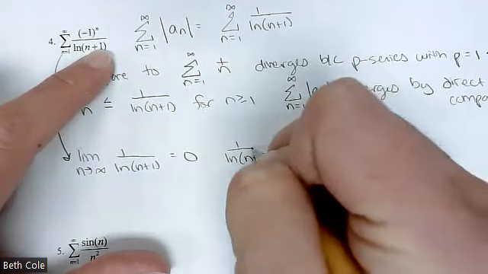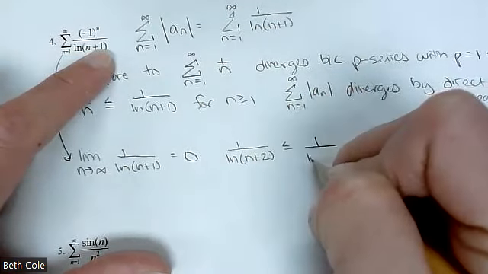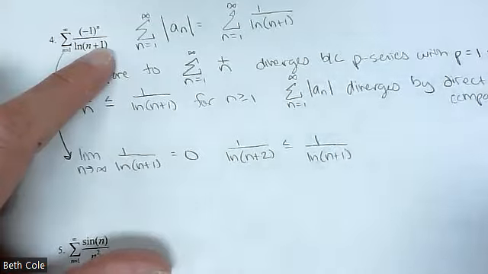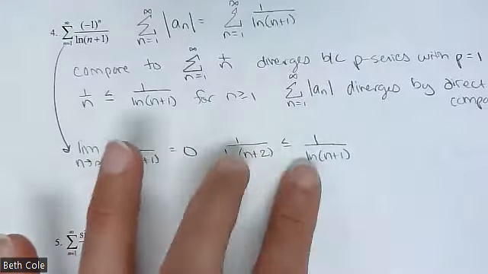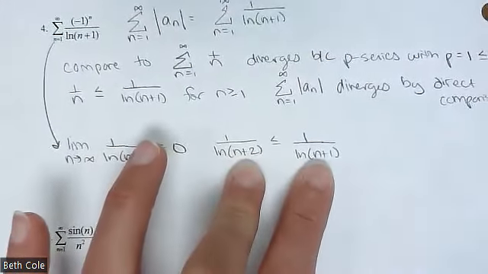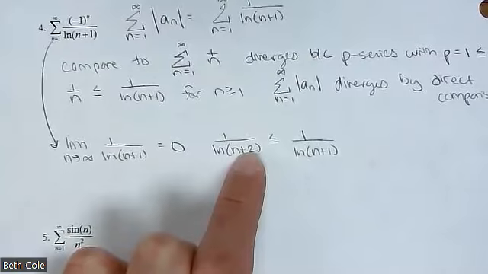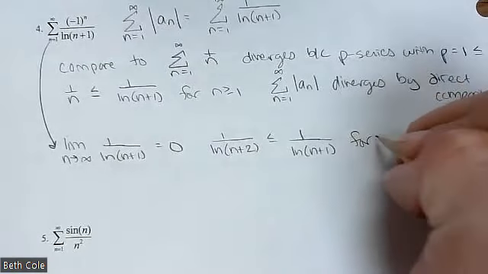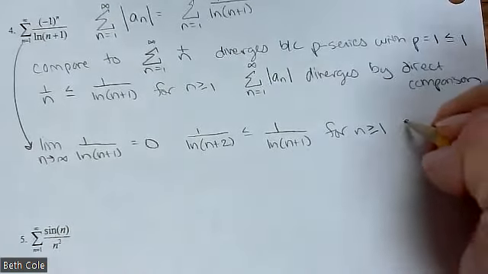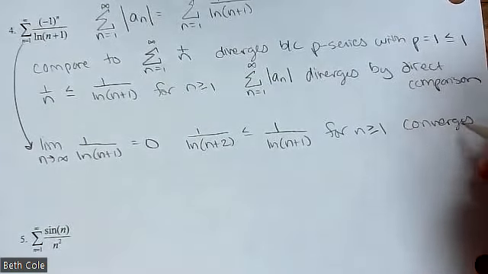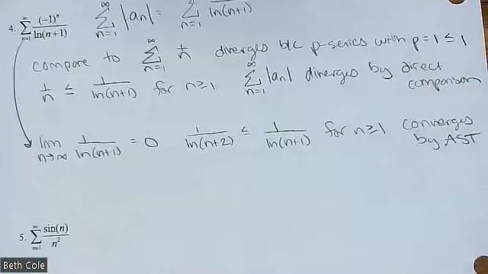That'd be n plus 2. Is smaller than the series itself. And so is that a true statement? Yes, this one's bigger, like bigger denominator, so it's the smaller fraction. So we can say converges by alternating series test.